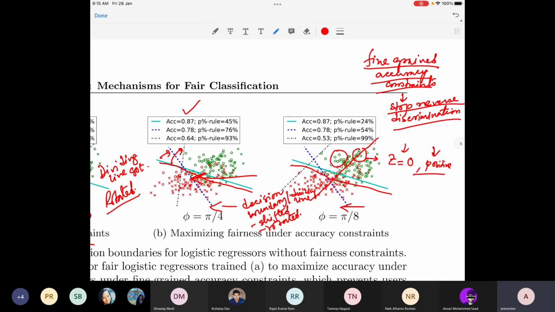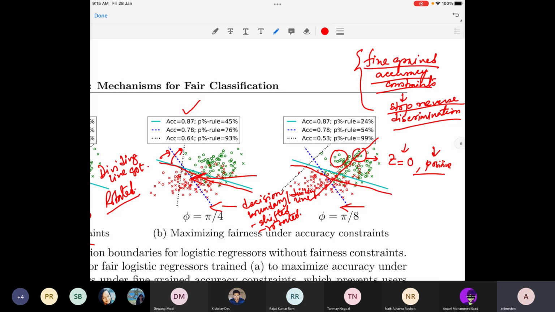And that is the reason why the authors framed this fine-grained accuracy constraint in order to get rid of this kind of reverse discrimination that could be caused. Okay, so that was all about the experiments on the synthetic data.